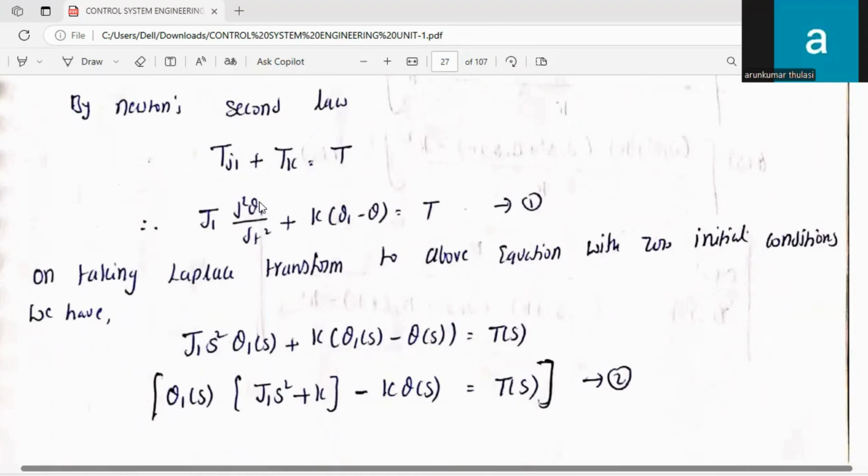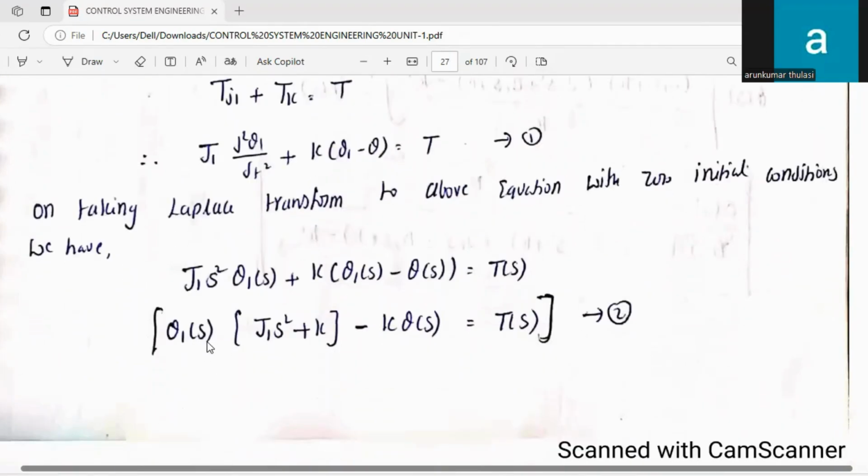So we get J1 S square theta 1 of S plus K into theta 1 of S minus theta of S equals T of S. Now we separate the theta 1 of S terms and the theta of S terms, and we get theta 1 of S into J1 S square plus K, minus K into theta of S, equals T of S. This is equation number 2.